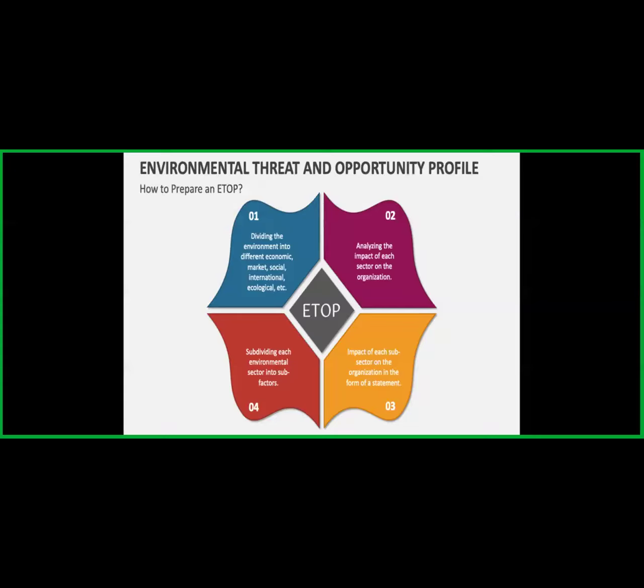They are going to divide the technological impact in different ways, in different parts. For example, mechanical technology means now the organization is using, say, a semi-automated machine.